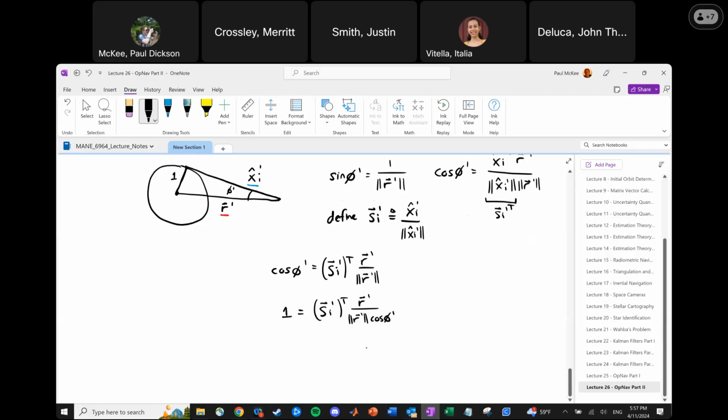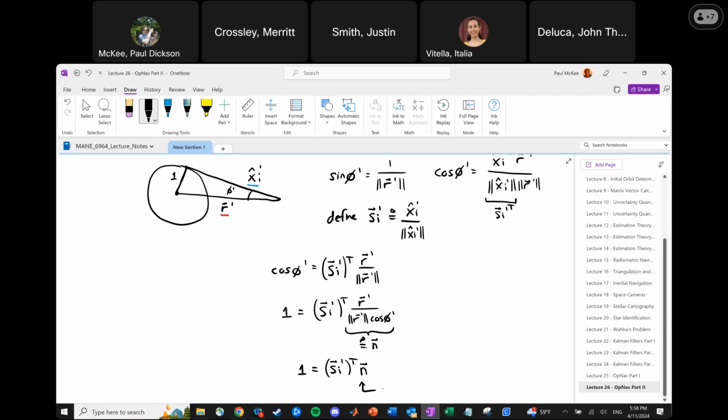Now, what I'm going to do is even further simplify this and say that this is defined as being equal to the vector n. So our equation then looks like just the number 1 is equal to s i prime transpose n.